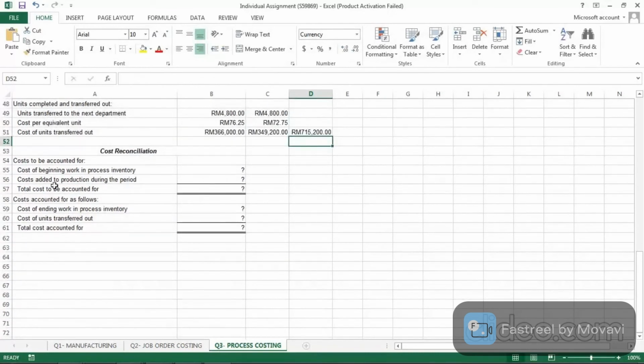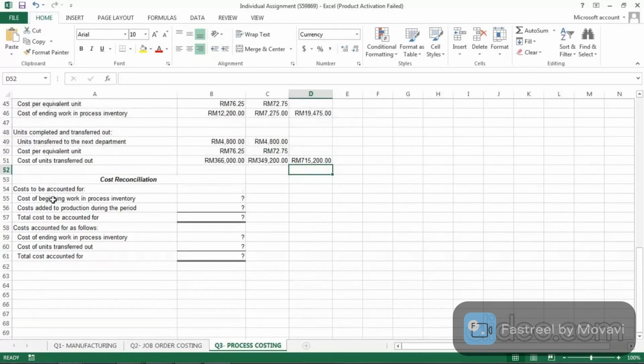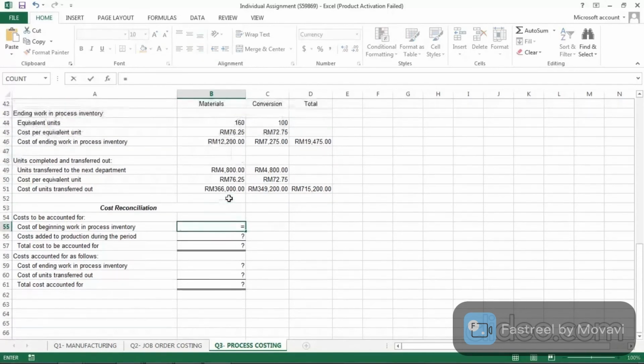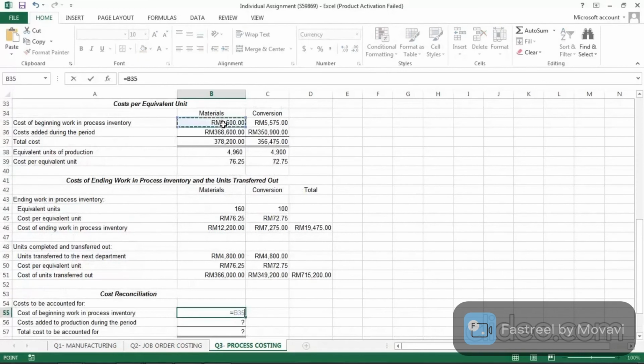Cost reconciliation. Cost reconciliation consists of two items. That is cost to be accounted for and cost accounted for. So in cost to be accounted for, cost of beginning work in process inventory, we need to add 9,600 with 5,575.